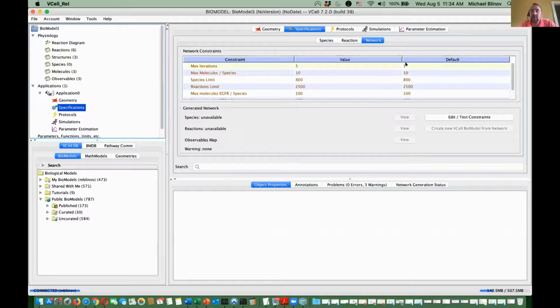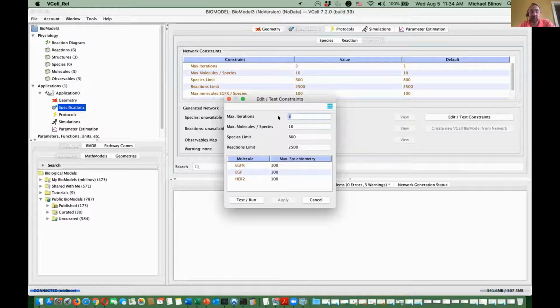You remember I told you about these 9 sites on a receptor that can lead to 1,000 different species for a single receptor. So to disallow this blowup, we define constraints. Let's slowly show you how this network generation works.